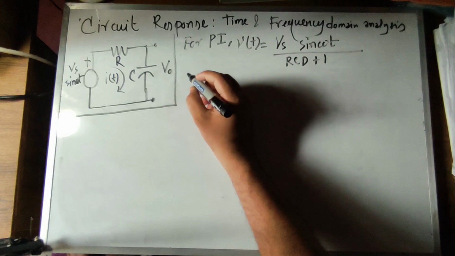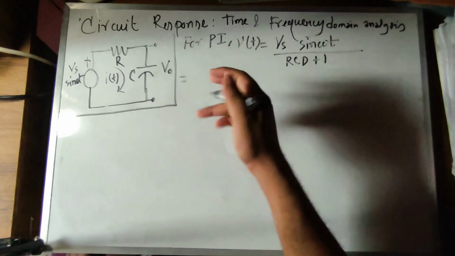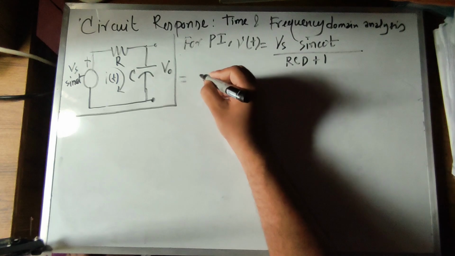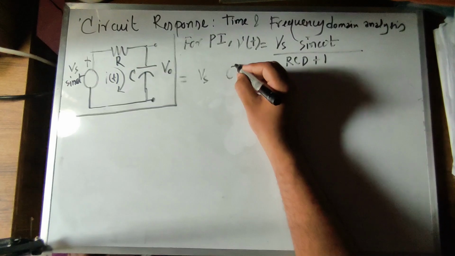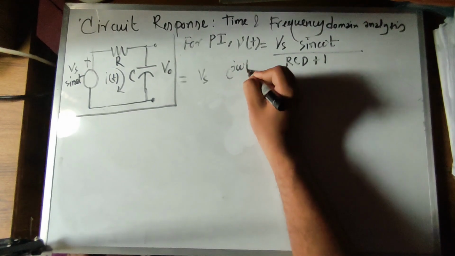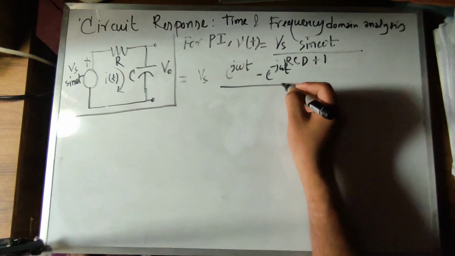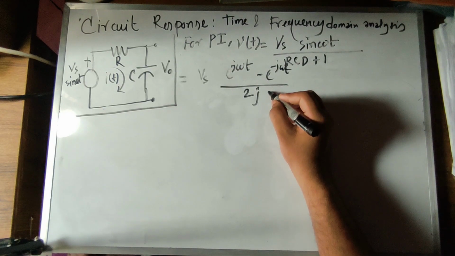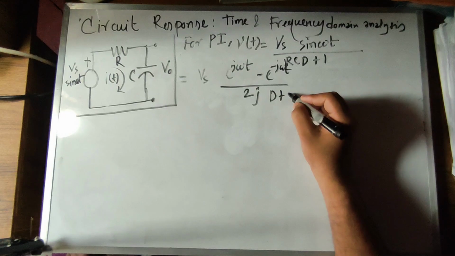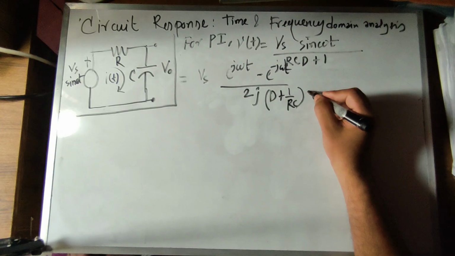So what we're gonna do is, it will be like this: V is (e to the power j omega t minus e to the power minus j omega t) by 2j, over (RC)(D plus 1 by RC).